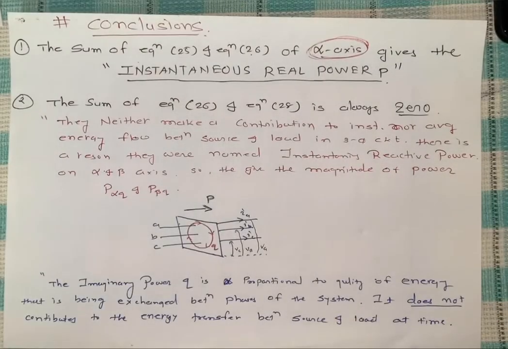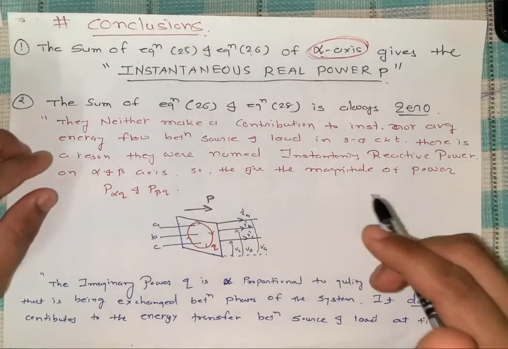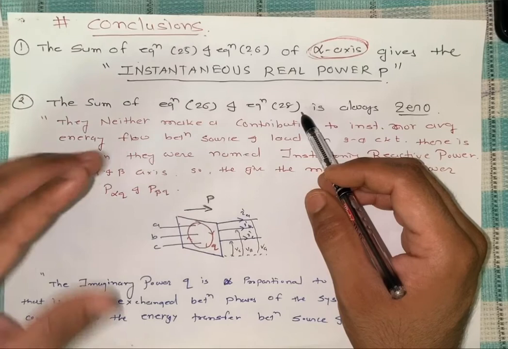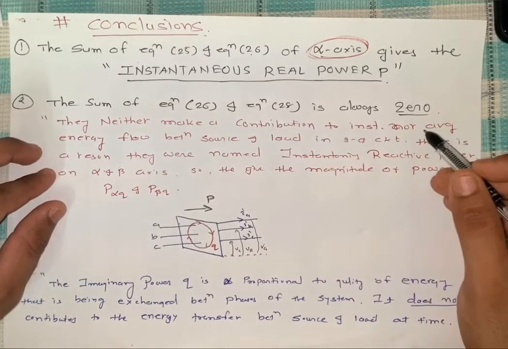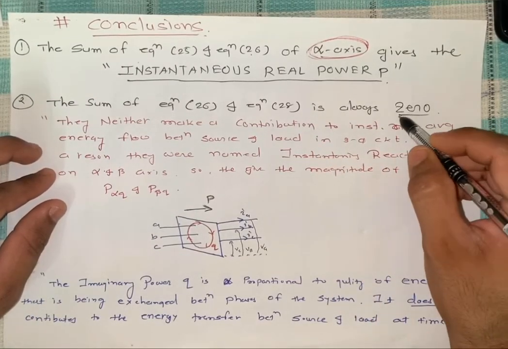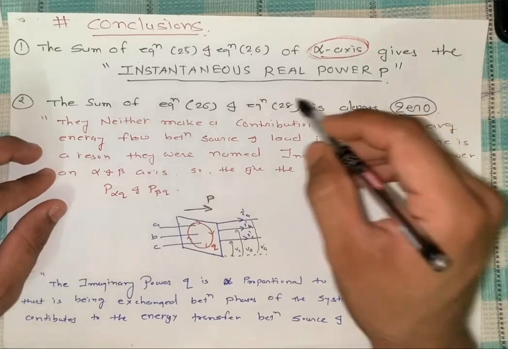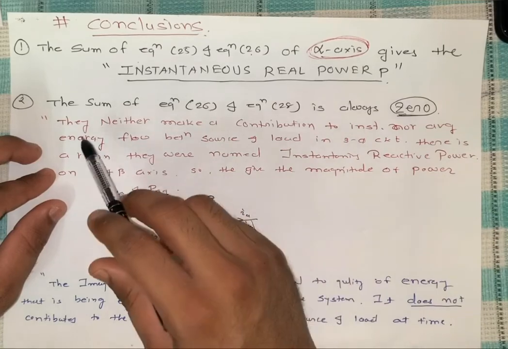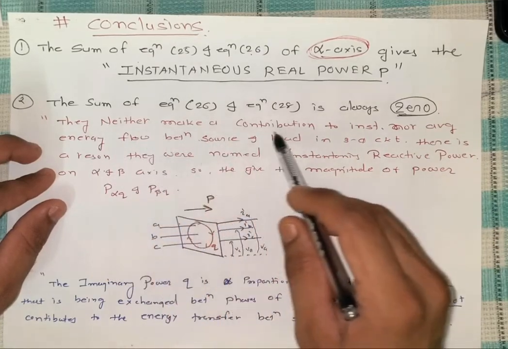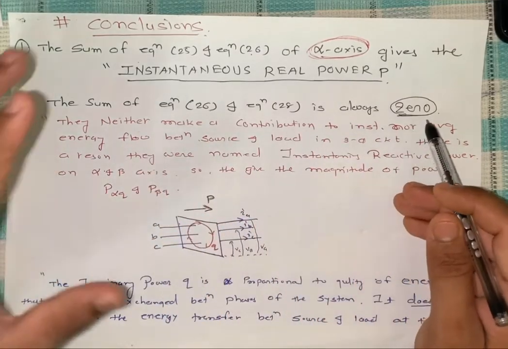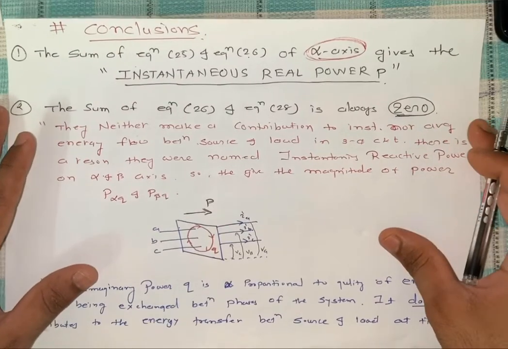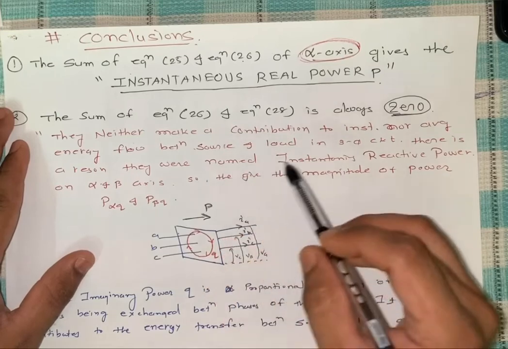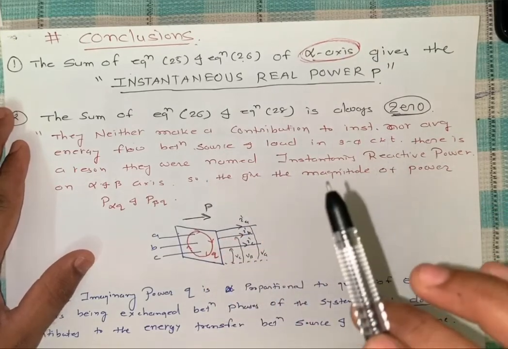I'm not saying zero sequence is absent, but the equations 26 and 28 of the reactive component, if we add them, what will happen? The resultant is zero, because one has positive polarity, the other negative polarity. That means neither makes a contribution to the power equation; there is no contribution of the reactive component. They only give the magnitude.